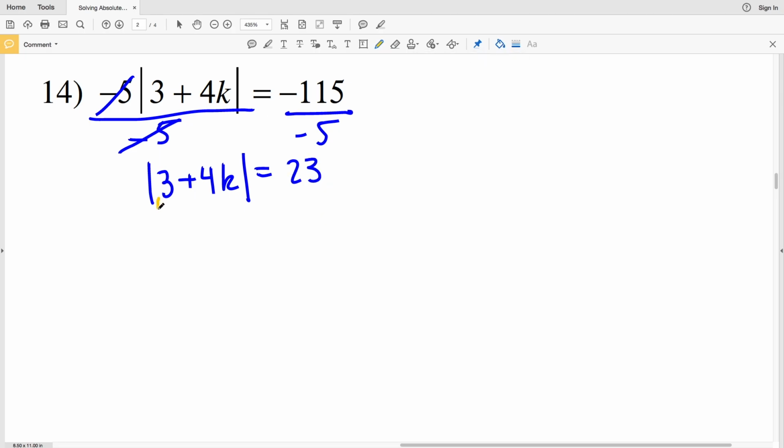So that means that 3 plus 4k equals 23, or it equals negative 23. So setting up our two separate equations, 3 plus 4k equals positive 23, or 3 plus 4k equals negative 23.